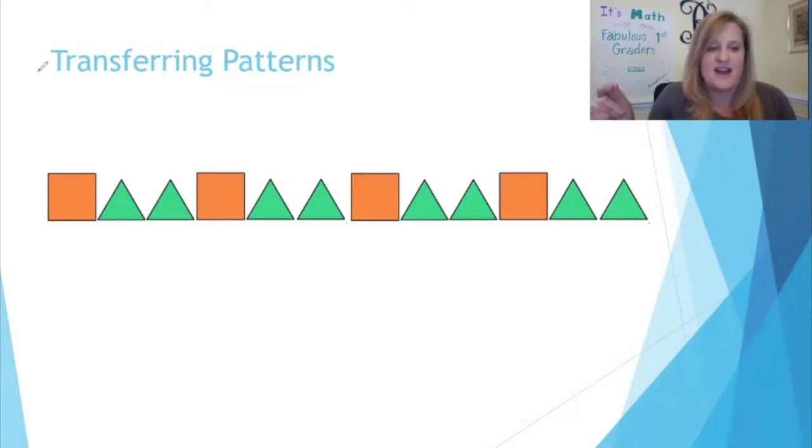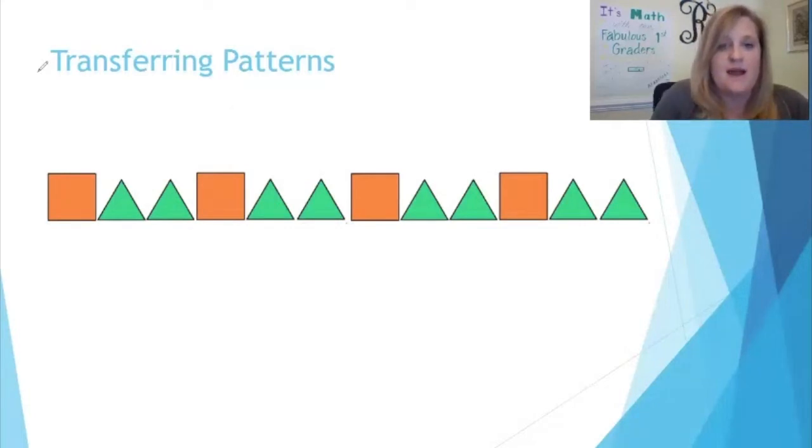So I could say square, triangle, triangle, square, triangle, triangle, square, triangle, triangle, square, triangle, triangle. Could I transfer this pattern and show it in another way? I could. I could do it with letters.